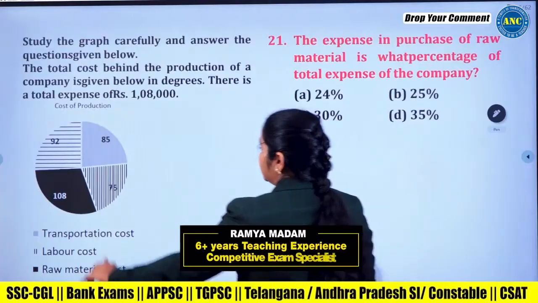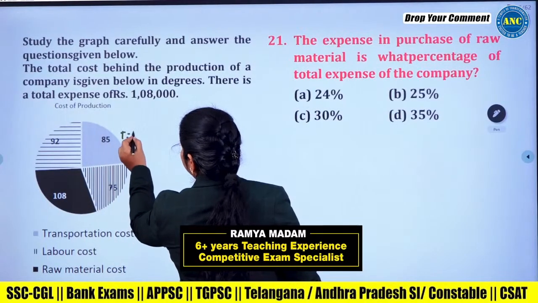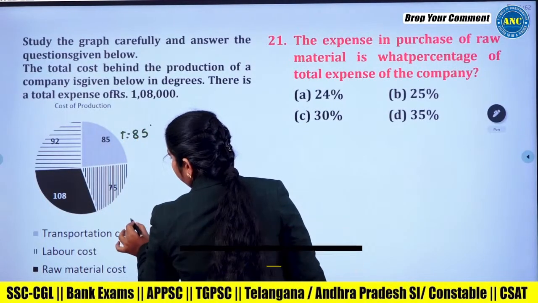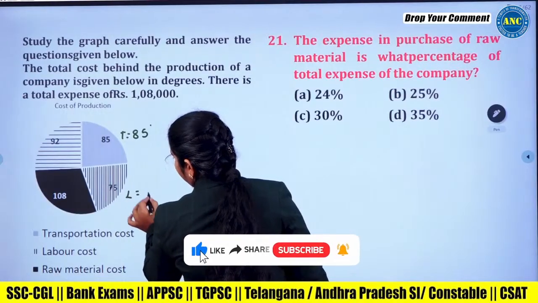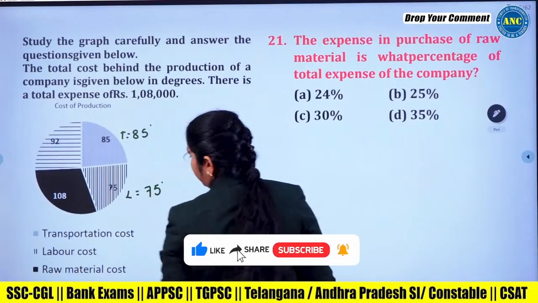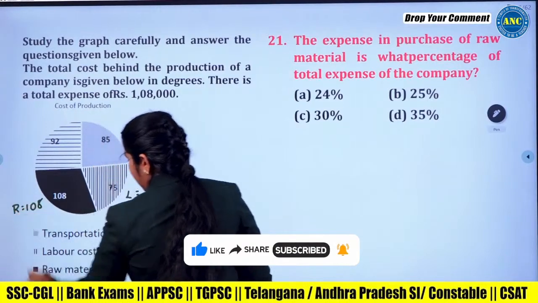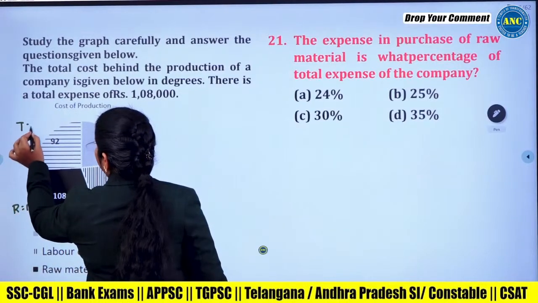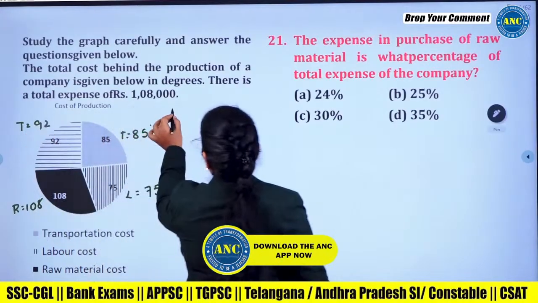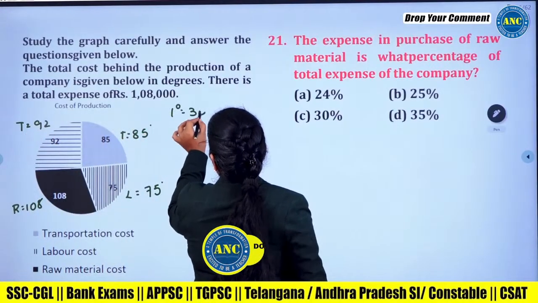The expense in purchase of raw materials is what percentage of total expense of the company? Okay, first the data here, transportation is 85 degree. Next is labor 75 degree, raw material 108 and taxes 92. Similarly, 1 degree value is 300. Fine.